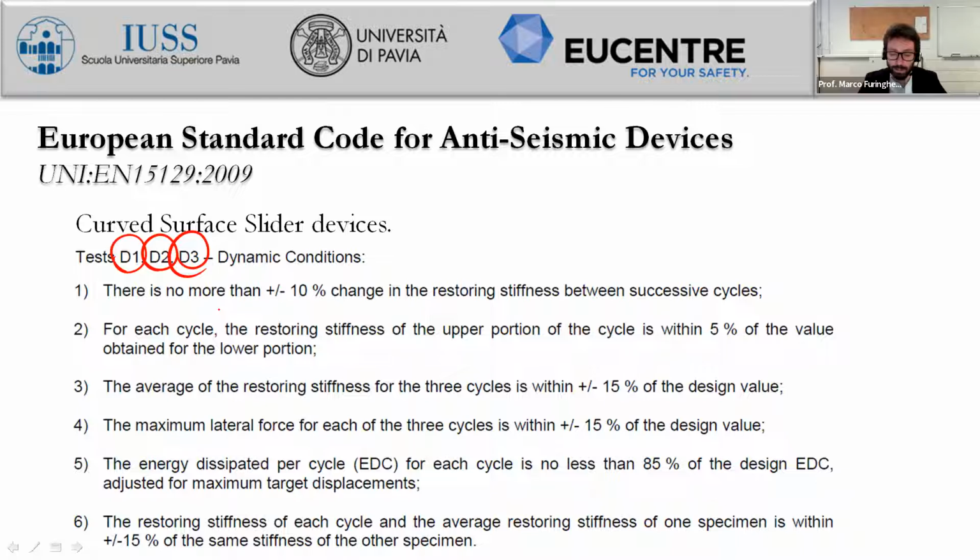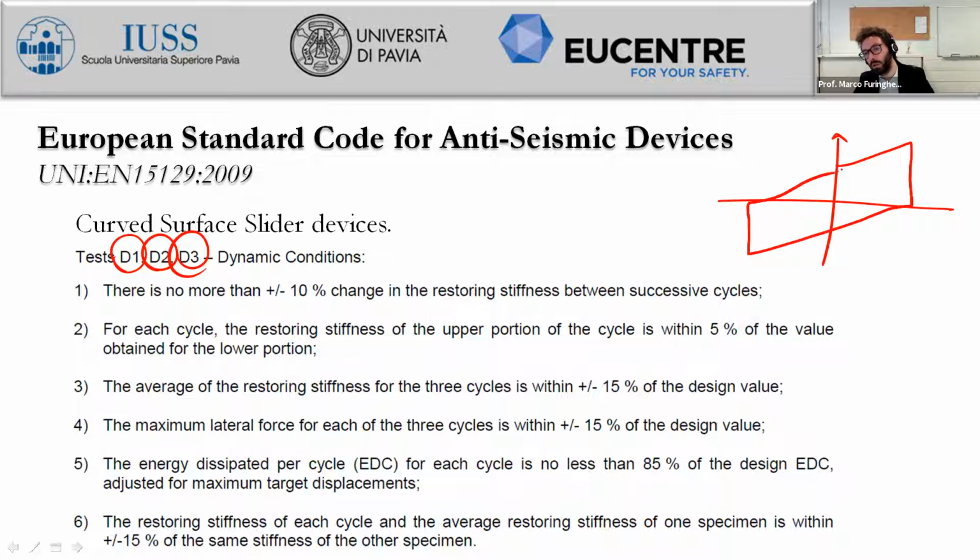I mean, they have to be very similar. This restoring stiffness should be approximately within 5% of the one measured below.